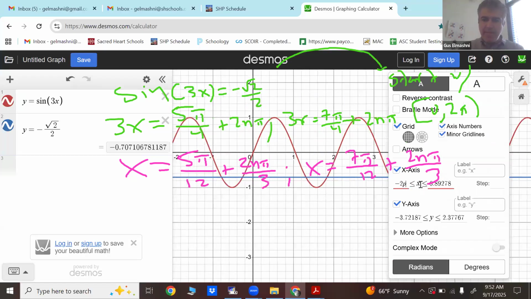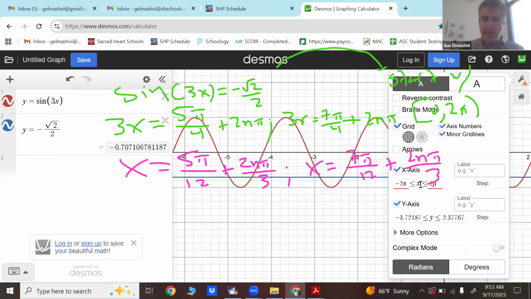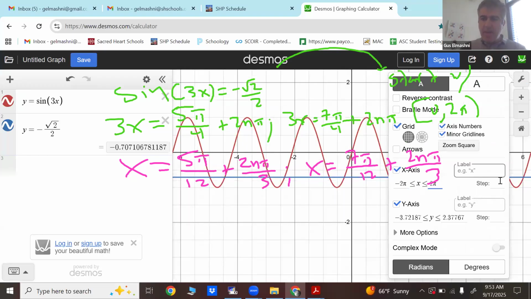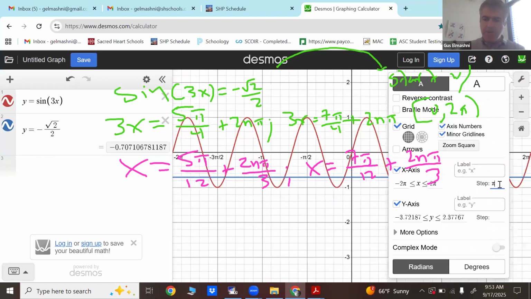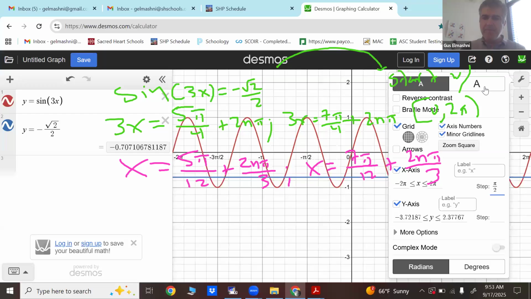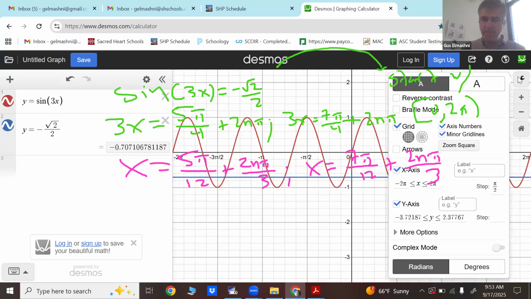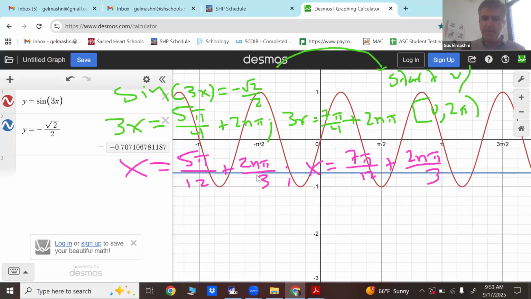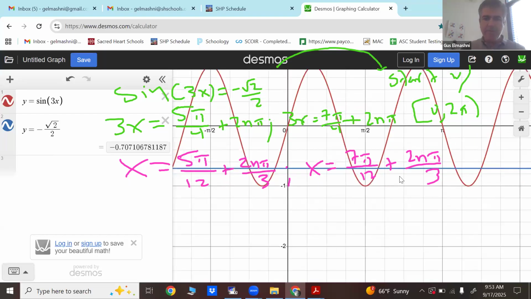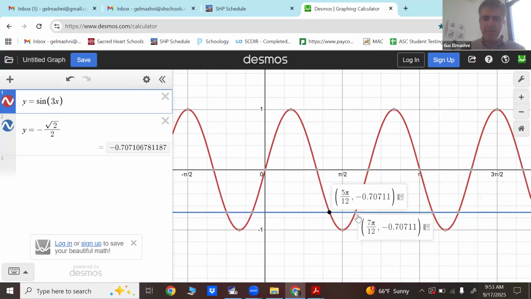Negative 2 pi to 2 pi. Step is pi over 2, whatever. We're in radian mode, of course. Yes, very good. Okay, let me clear that for a moment. Isn't that lovely? Isn't Desmos great? And see, it gives me those answers also.